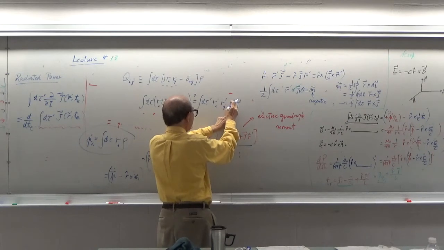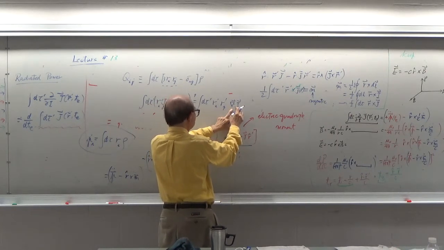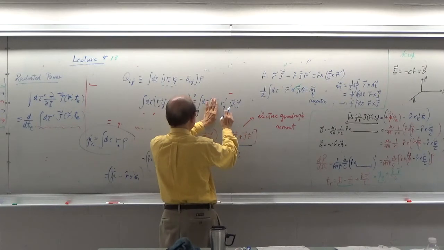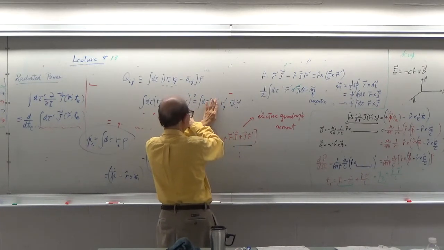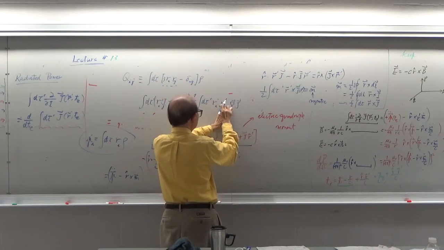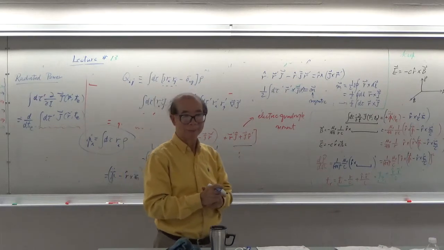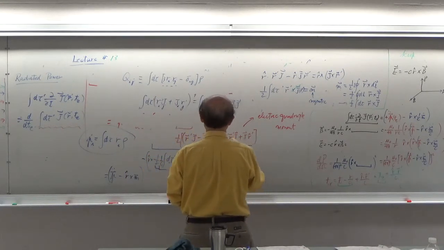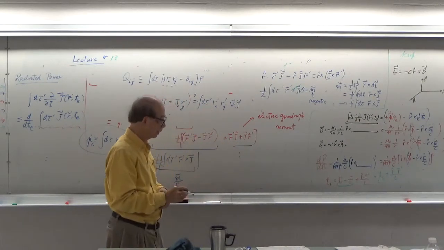So let me consider the gradient acting on r_i first. When the gradient acts on r_i, it will give me delta_ij, they change this to the i. So they will give you r_j J_i, this term. But if the gradient acts on this one, then you will give this term. Okay, and since there is integration by parts, there's a minus, doesn't matter.